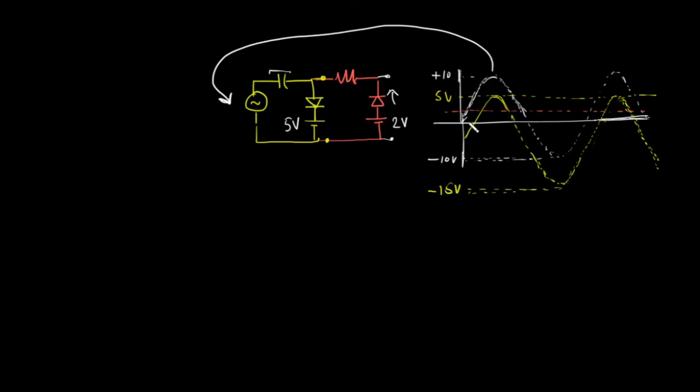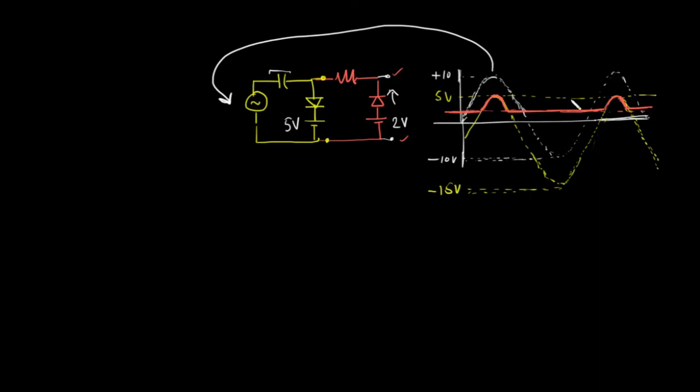So what are the voltages above 2 volt? I am drawing the final output, the output after the clipper, in red. These are the voltages above 2 volt. These will pass to the output as they are, and all voltages below 2 volt will be clipped.